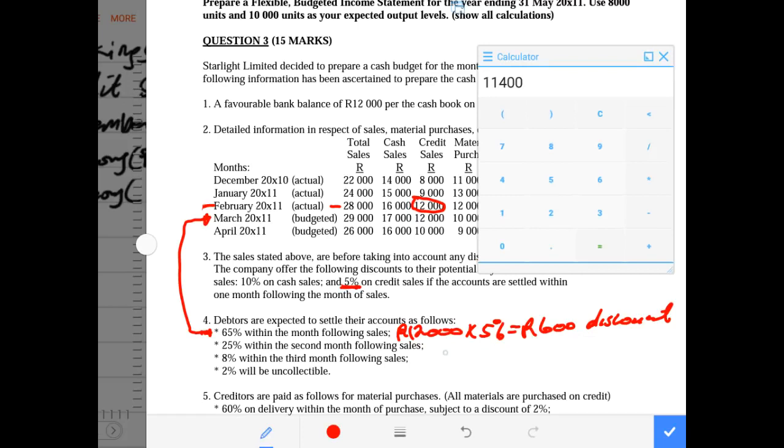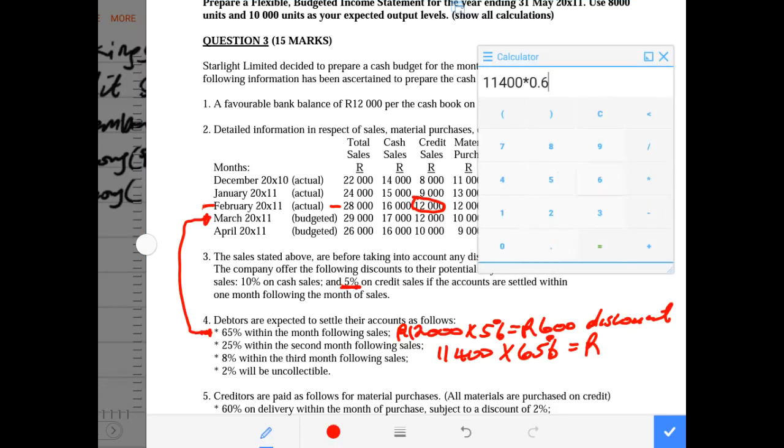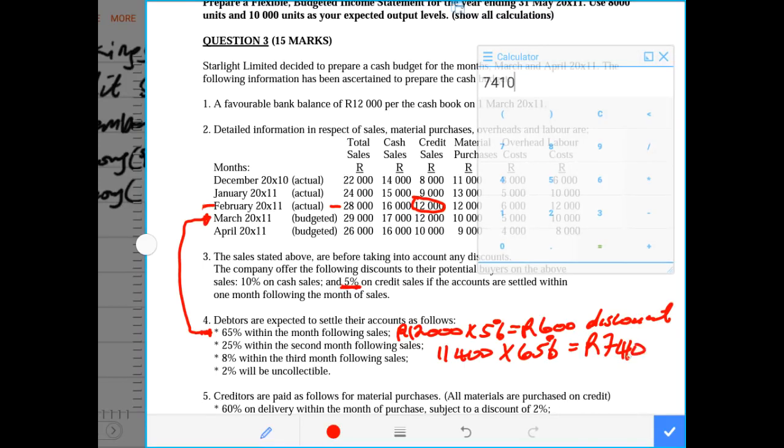That will give us 11,400. Then we times that by 65%, times 0.65.